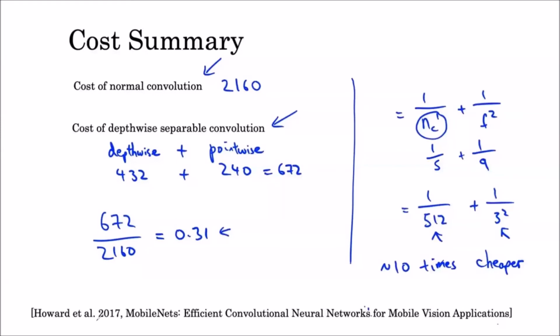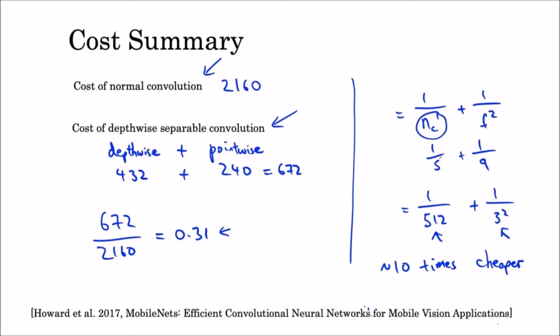In the paper published in 2017, they also mentioned the formula: 1 by NC prime plus 1 by F square, where NC prime is the number of filters we are using, and F is the filter size.